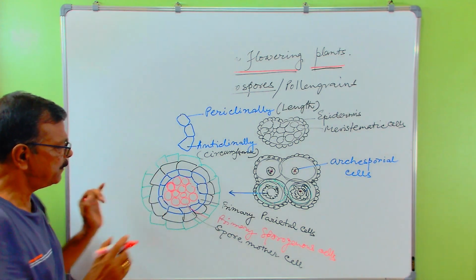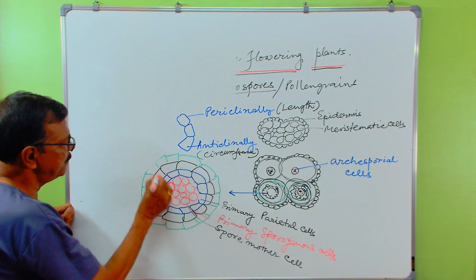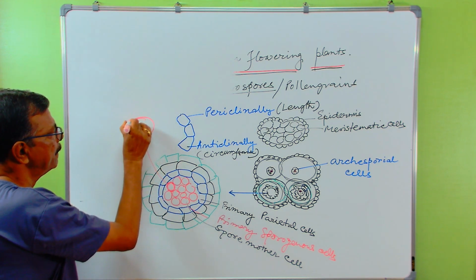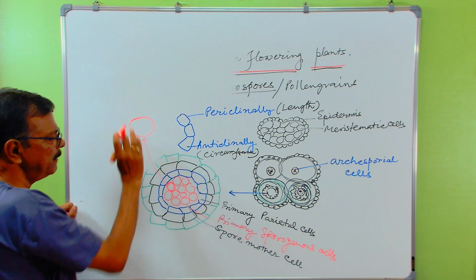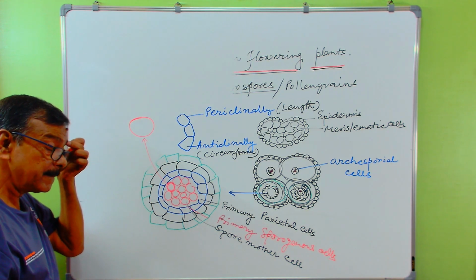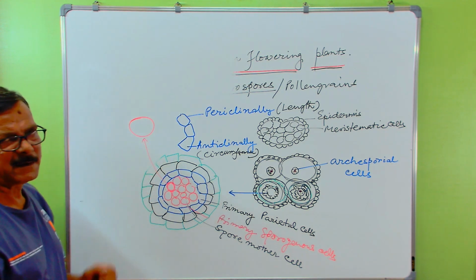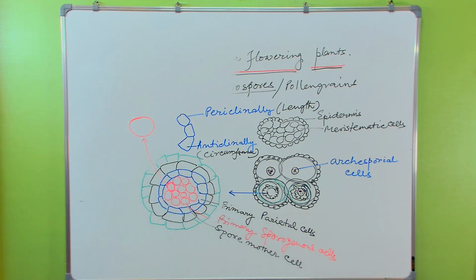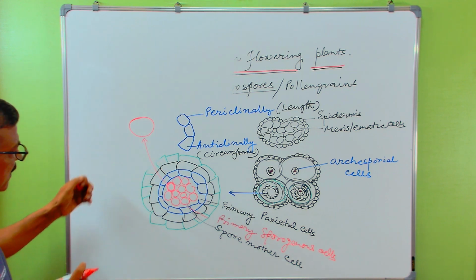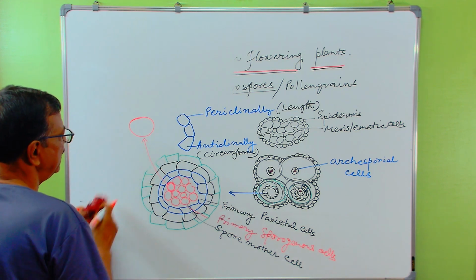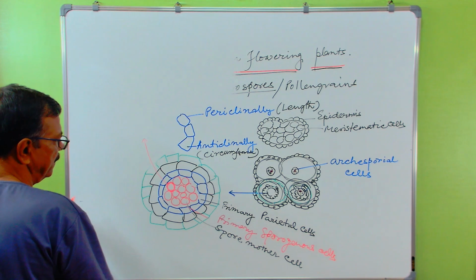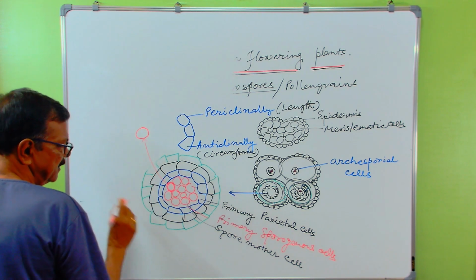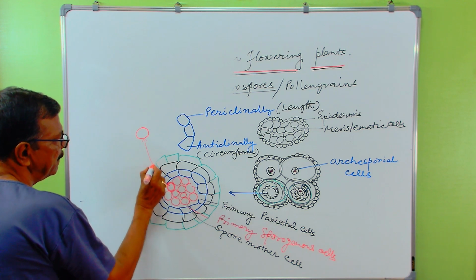Now I am taking a single spore mother cell here. The spore mother cell divides and re-divides. This I am making a little bit smaller. This is the spore mother cell.